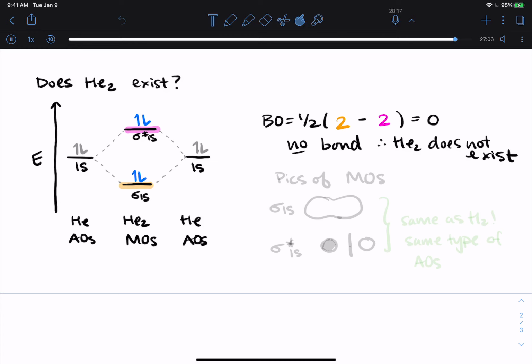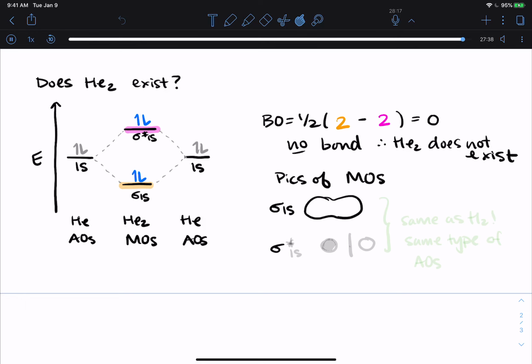All right, so let's draw some pictures of these MOs. So my sigma 1s picture, well, it's going to look like what happens if we bring together a 1s orbital on each atom in a constructive interference way, so a bonding combination. It's going to look like this.